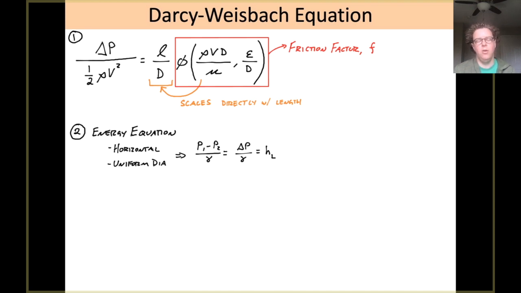In other words, all the energy losses that we have for a uniform horizontal pipe take the form of a pressure drop. And that should be comfortable for you. We talked about that in our laminar flow derivation as well. Now you'll notice both equation 1 from dimensional analysis and equation 2 from the energy equation both have that delta P in them.